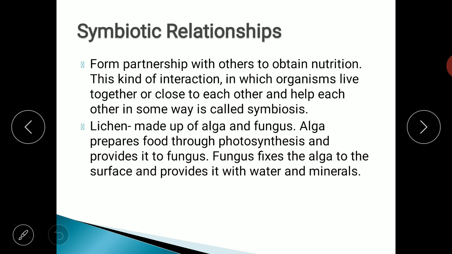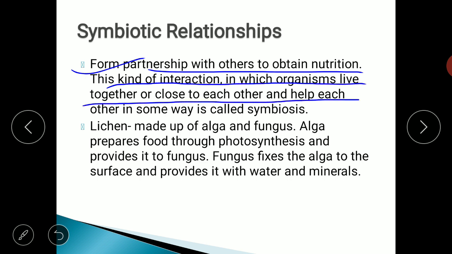So this kind of interaction, in which organisms live together or close to one another and help each other in some way or the other, is called symbiosis. They form partnerships with others and obtain nutrition.